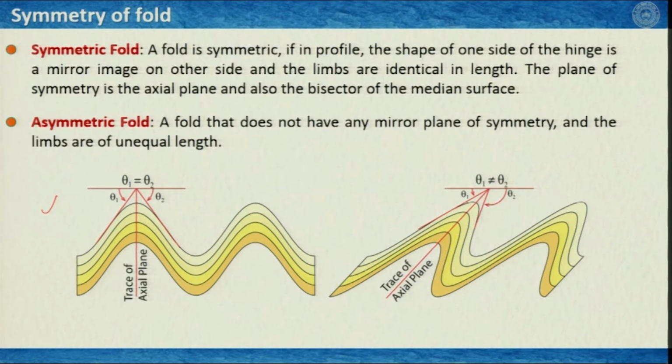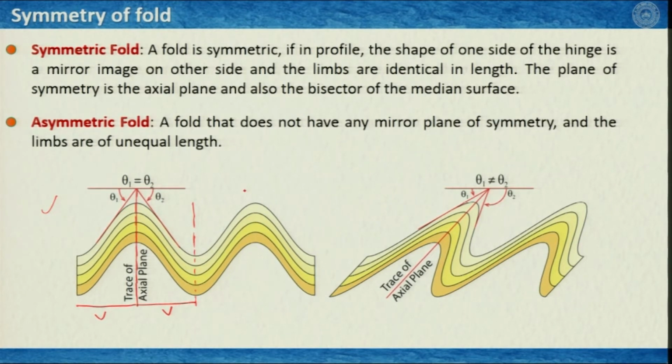As you can see here, if I bisect the fold with this red line, then this part of the fold and this particular part of the fold, which is also the mirror plane of symmetry, are very similar to each other, or they are mirror images of each other.